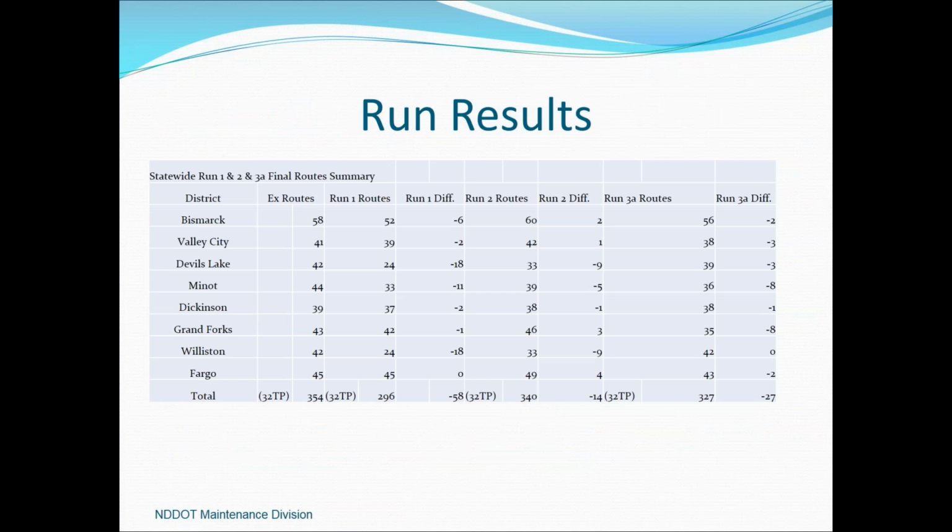When you take a look at our final runs, this is a breakdown from our existing routes having 354 operators. Our run one, using a maximum of 6 hours to complete our lower volume roads, showed us reducing a staff of 58 employees and trucks.